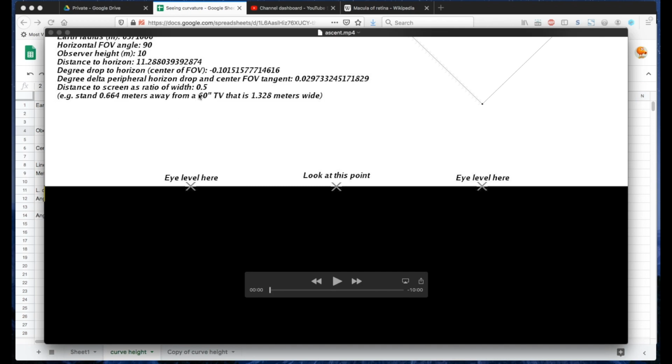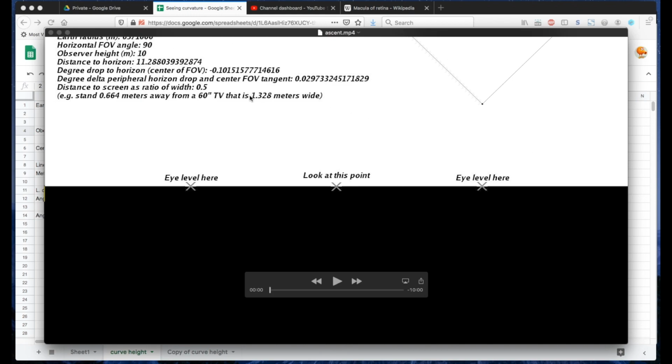To help illustrate that point further, I've also created an animation with the intent of showing this on a computer screen, on a tablet, or hopefully on something really large like a 60-inch TV. The distance that you would stand from the screen is represented as a ratio of its width, and that is derived from the horizontal field of view that I used to render this animation. I used 90 degrees here.